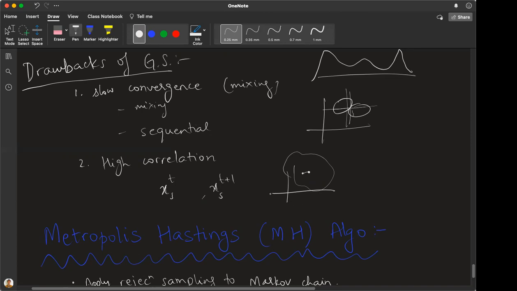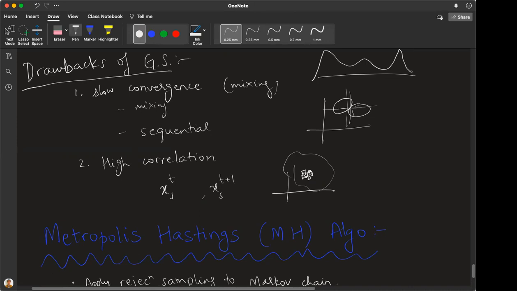But if it is highly correlated, it means I am moving in very small steps, and these are almost correlated. So it takes a long time for this random chain to cover the entire area. High correlation means the movements are very small.